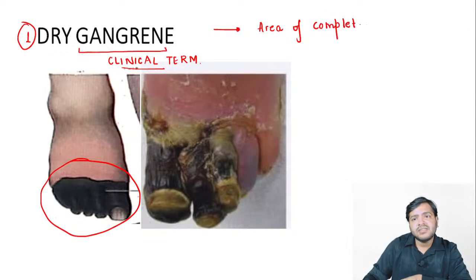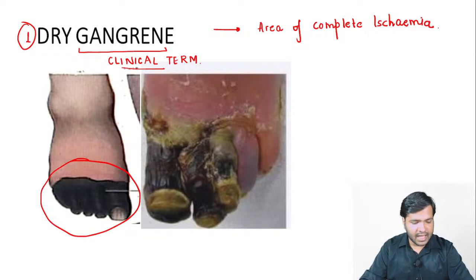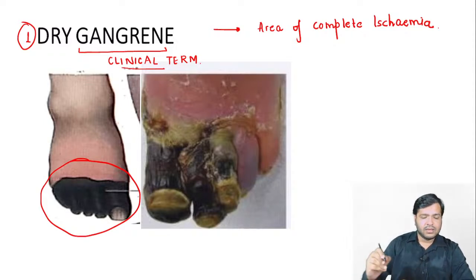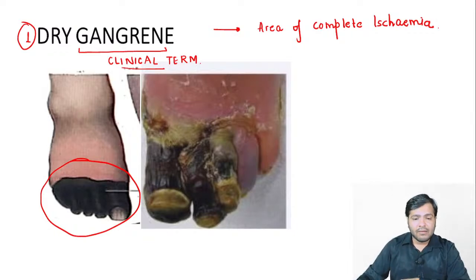Now, can anyone in the chat box tell me what you understand by the term ischemia? I have already discussed it in my previous sections. So just let me know.